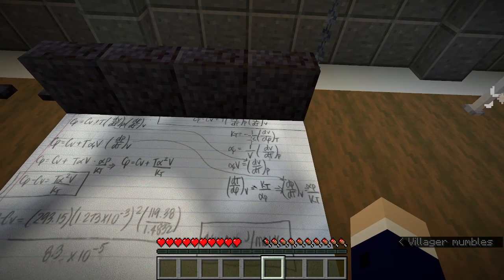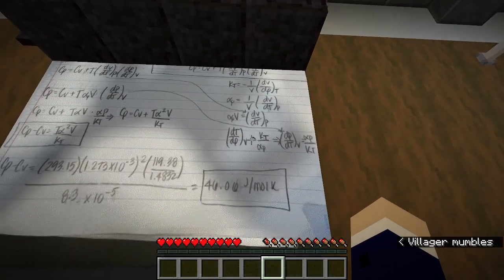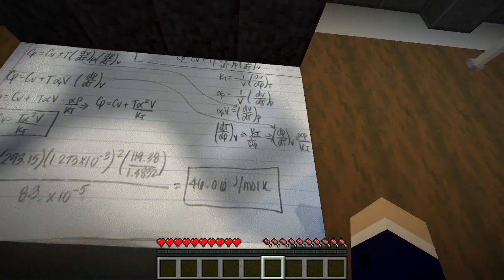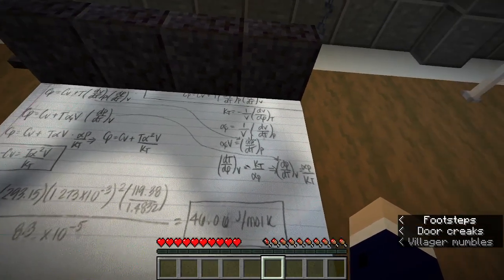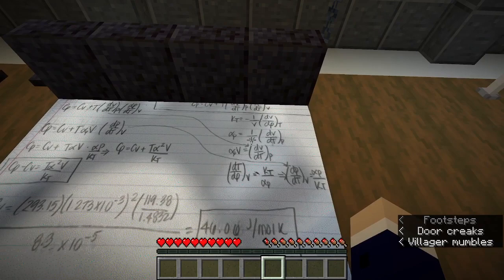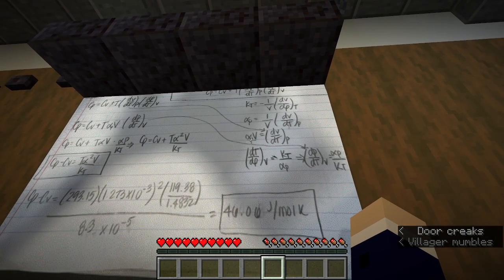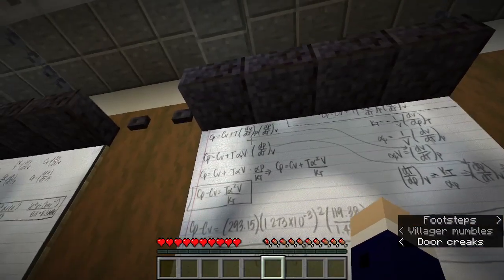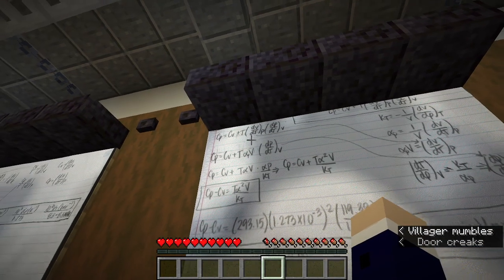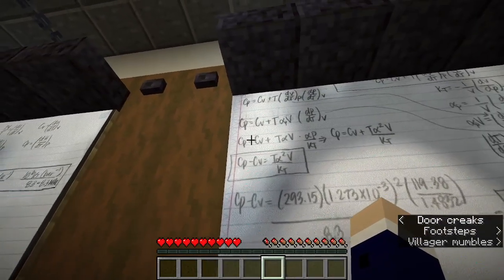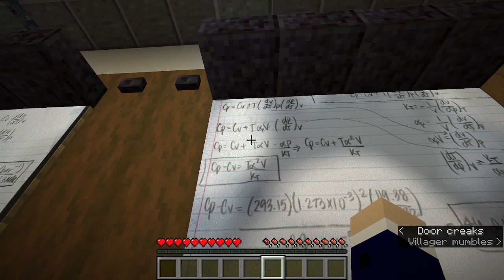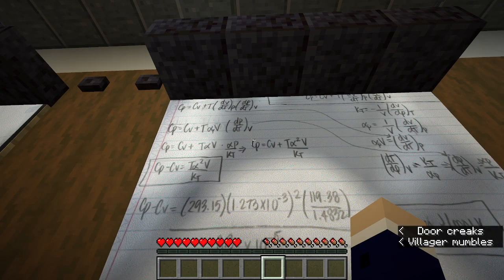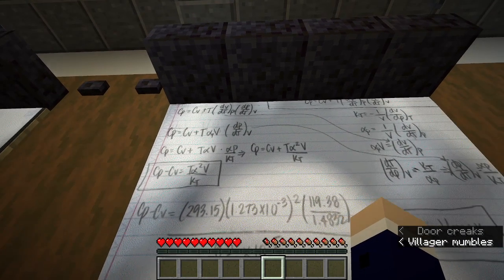You want to go with the alpha first. You multiply by V, which gets you alpha V equals dV over dT at constant P. You plug that into the equation right here, giving you Cp equal to Cv plus T alpha V multiplied by dP over dT at constant V.